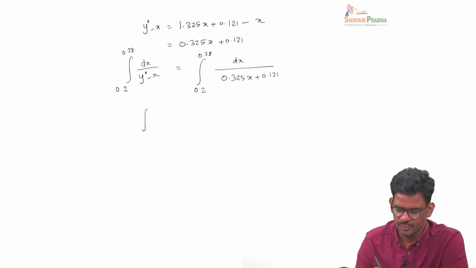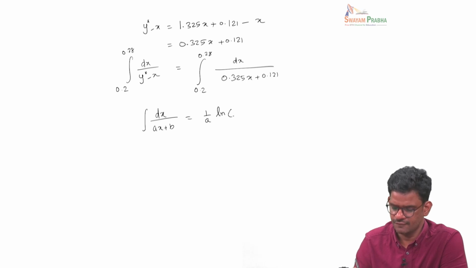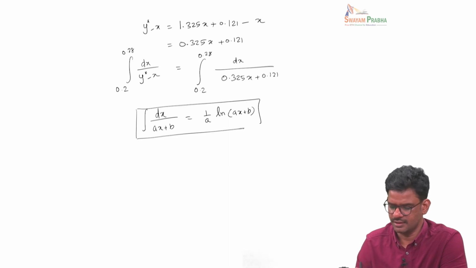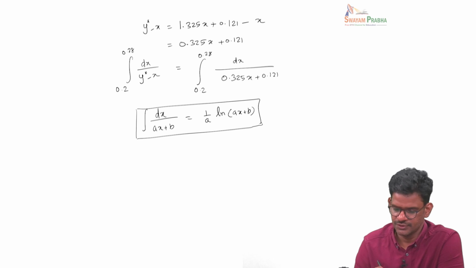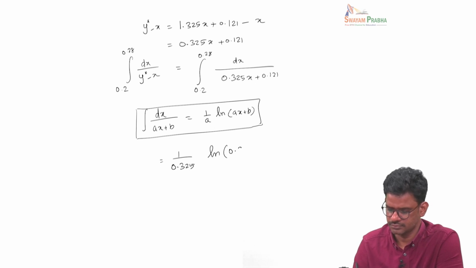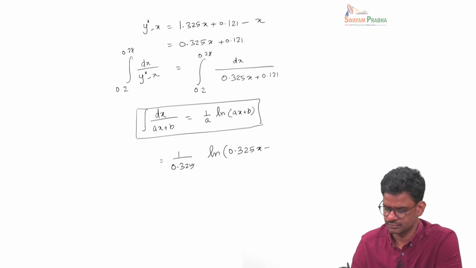So here we will use the formula that the integral of dx by ax plus b is 1 by a ln of ax plus b. Okay, so this is the integral formula for the integration. Using this formula, we will get the result in the limit of 0.2 to 0.28.